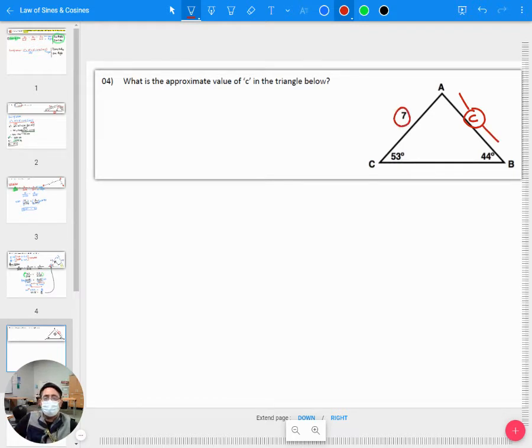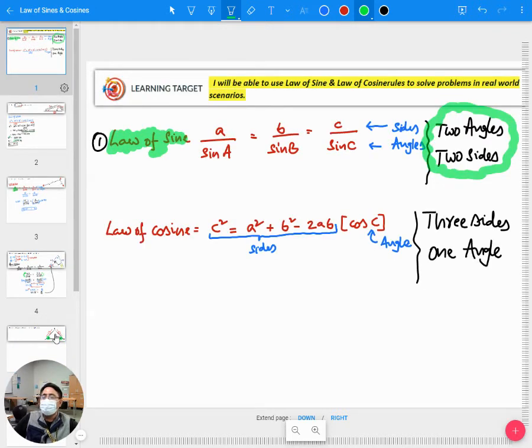Okay, and let me analyze the question. I see that two angles are there and two sides are involved. Two angles and two sides. You can see that we have to make use of the law of sines.